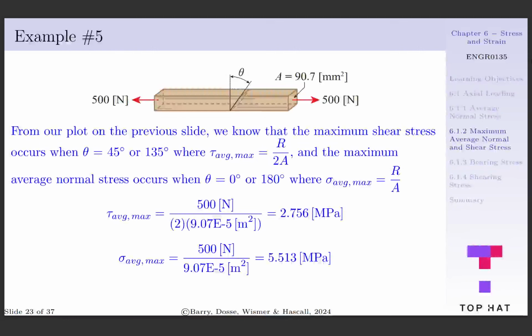The maximum average normal stress occurs at 0 or 180 degrees, and we'll use the equation R per A. Our equation becomes 500 newtons per 9.07 e to the minus 5 meters squared, which gives the max average normal stress equal to 5.513 megapascals. Note that the max average shear stress is equal to 1/2 the maximum average normal stress.